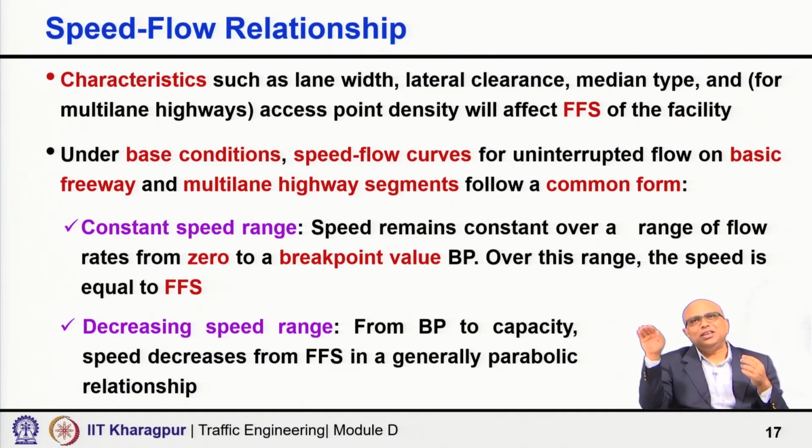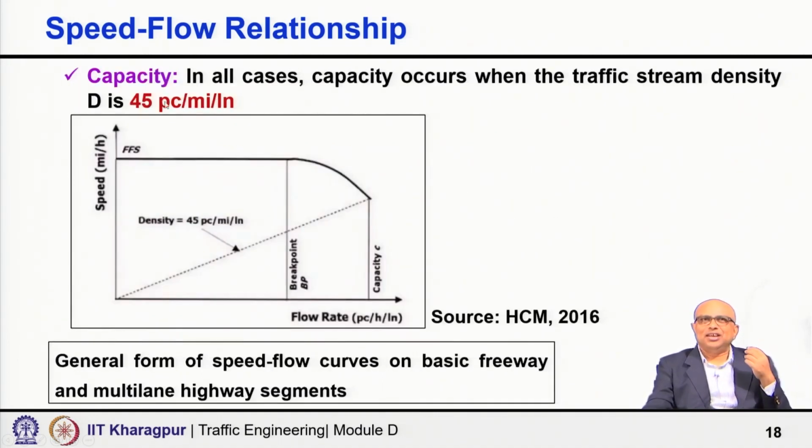Beyond this breakpoint, it is something like parabolic. That is the decreasing speed range from the breakpoint to capacity. Speed decreases from free flow speed in a generally parabolic relationship. Then the third important point is that capacity in all cases occurs when the traffic density is 45 passenger cars per hour per lane. So, you can see the three segments.